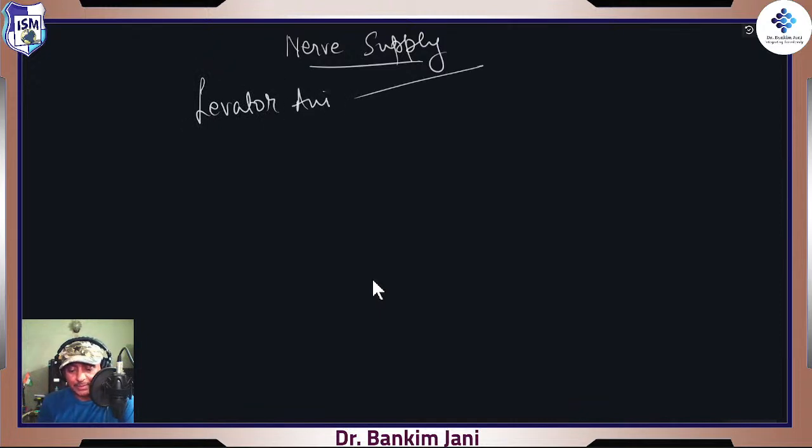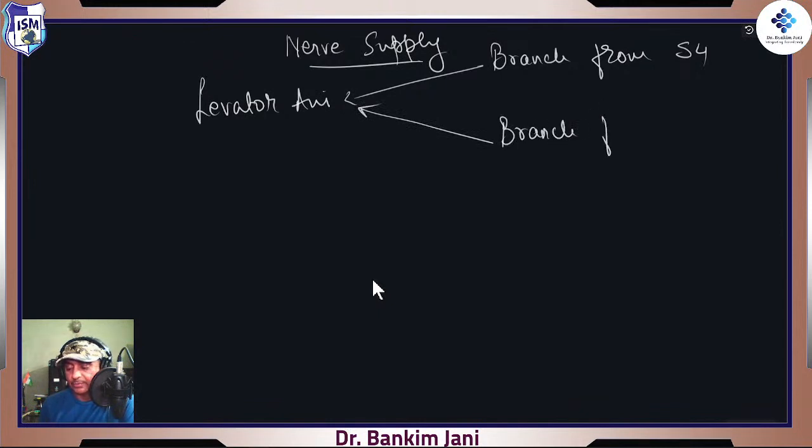So who will be supplying it? One, the branch from S4, and it has got dual supply, also a branch from the inferior rectal nerve.